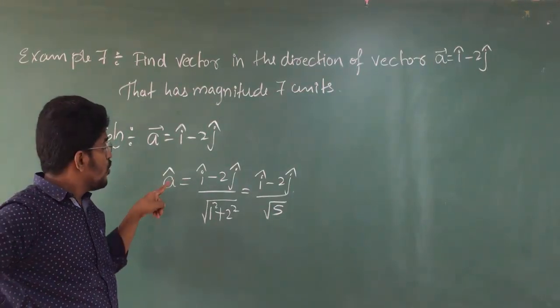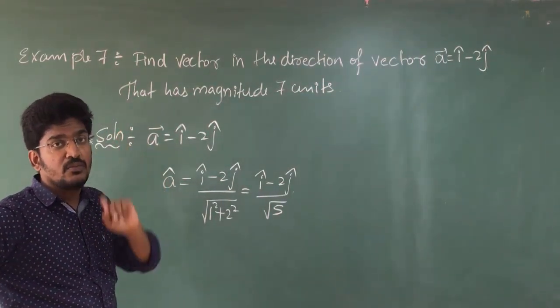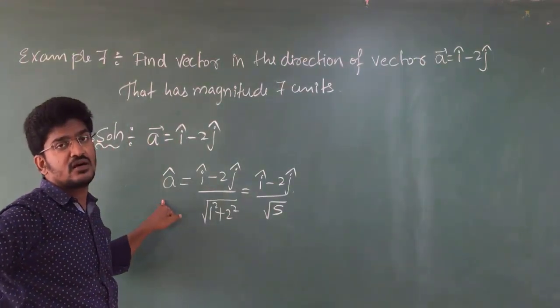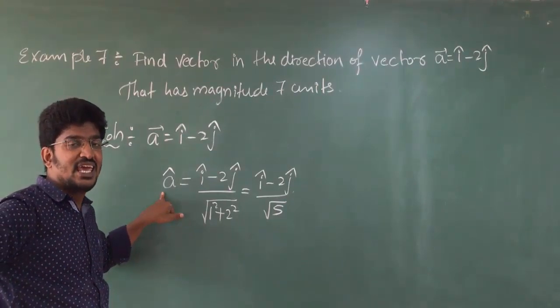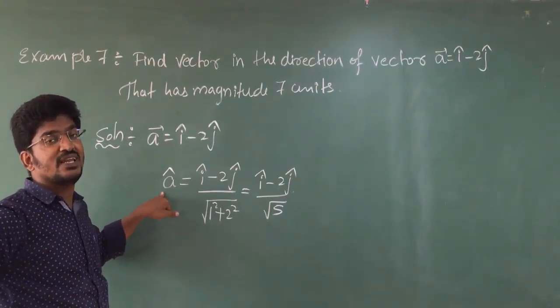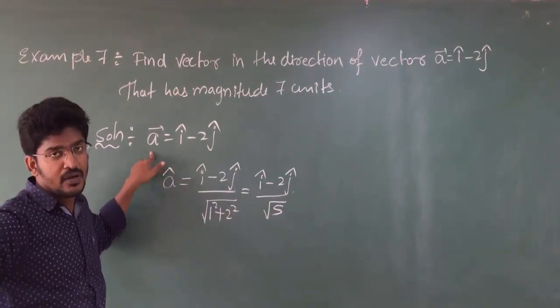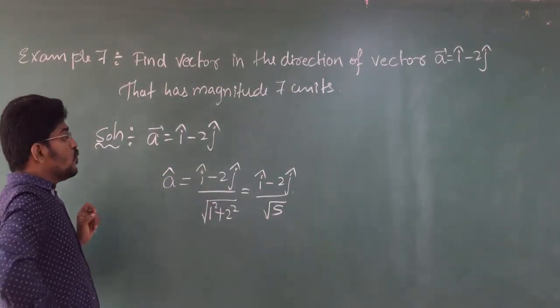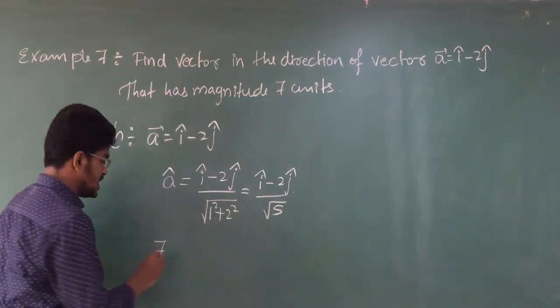Now, what is the magnitude of vector A cap? 1 unit, because this is a unit vector. Clear? From this vector A cap, we get the unit vector in the direction of vector A. Okay. What happens if I multiply 7 to this A cap?